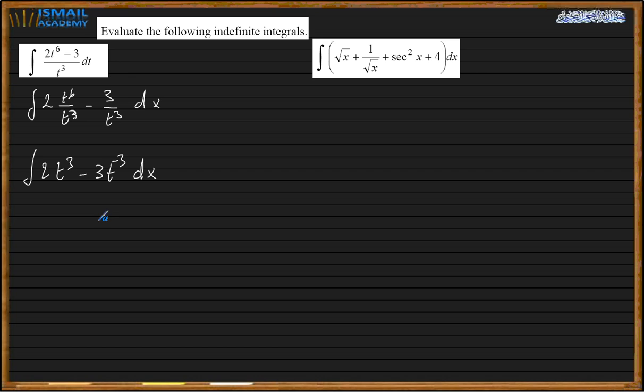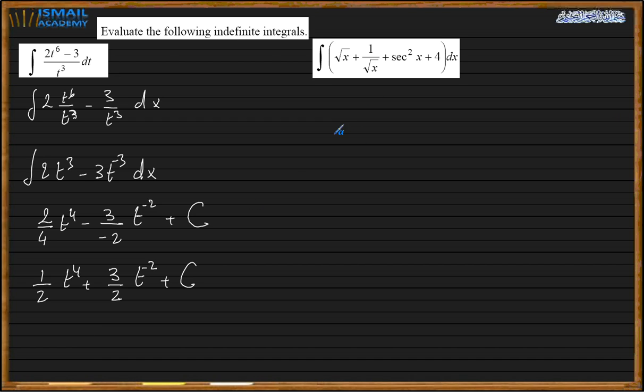Now you integrate using the regular rule, so it's 2 over minus 2 t to the minus 2 minus 3 over minus 2 t to the minus 2. Don't forget the c. So it becomes half t to the 4 plus 3 half t to the minus 2 plus c.